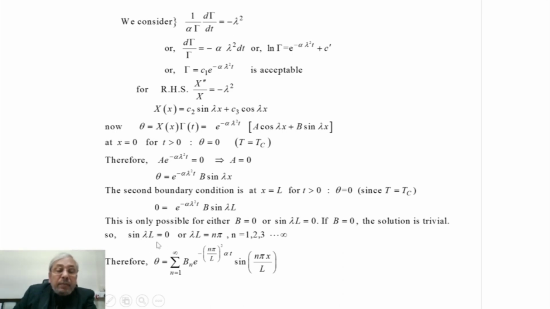If sin lambda L equals 0, then lambda L equals n pi, where n equals 1, 2, 3, up to infinity.